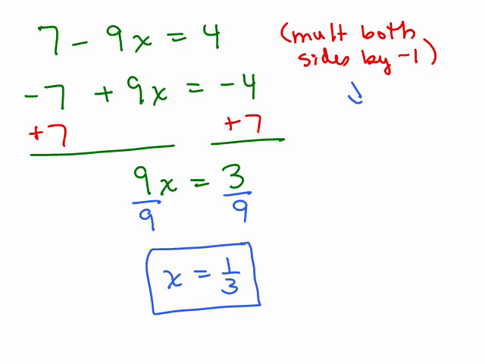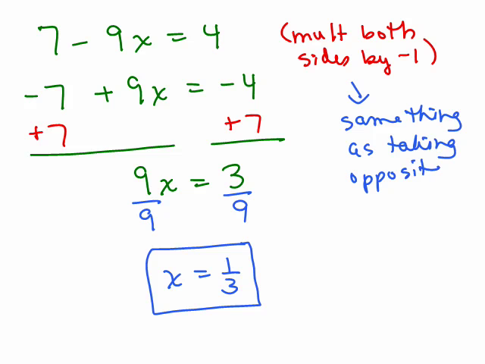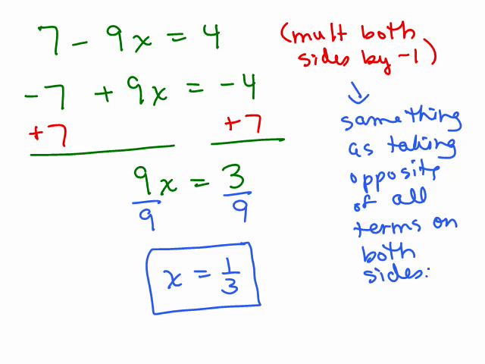Multiplying both sides by negative 1, it's the same thing as taking the opposite of all terms on both sides, which is what I did. 7 minus 9x is 4 is the same as negative 7 plus 9x equals negative 4. In other words, you're going to get the same solution if you do that.